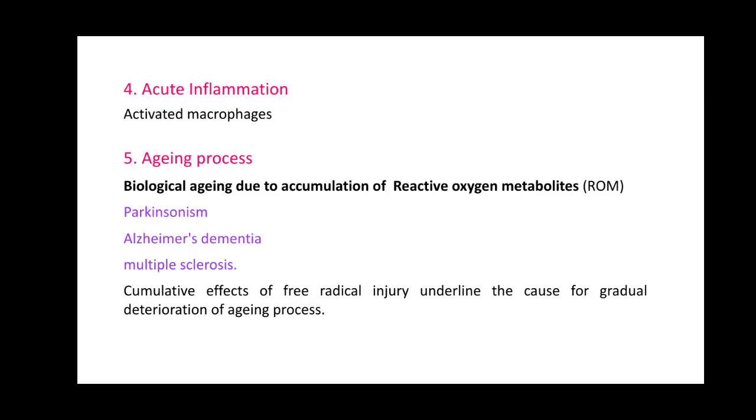And acute inflammation, where the activity of macrophages takes place, and the aging process includes biological aging due to accumulation of reactive oxygen metabolites, Parkinsonism, Alzheimer's dementia, multiple sclerosis, and the cumulative effects of free radical injury underlie the gradual deterioration of the aging process.